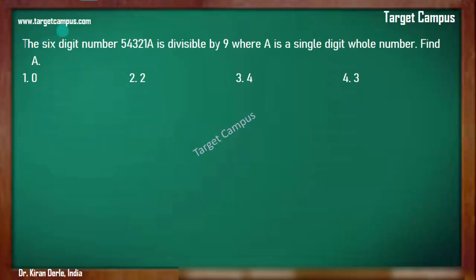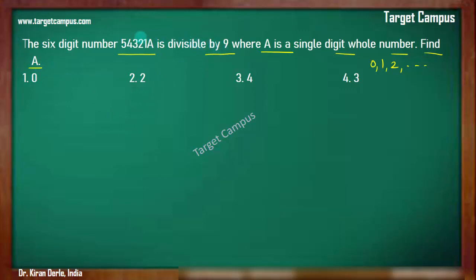Okay. The 6-digit number is divisible by 9. If this number is divisible by 9, where a is a single digit whole number, right? Whole number, as we know, starts from 0, 1, 2, and goes on. Find the value of a.